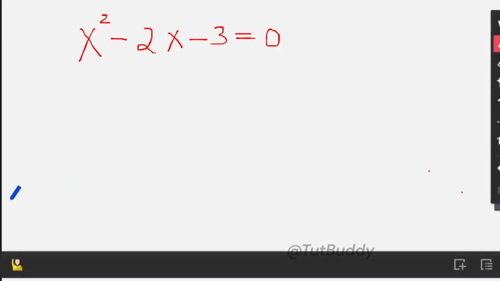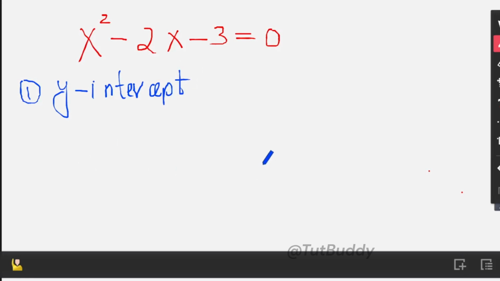Now to draw a quadratic graph, the first step is to get the y-intercept. How do we get the y-intercept? We will substitute x as 0 in our given quadratic equation.